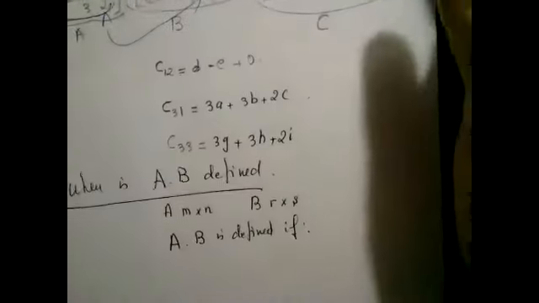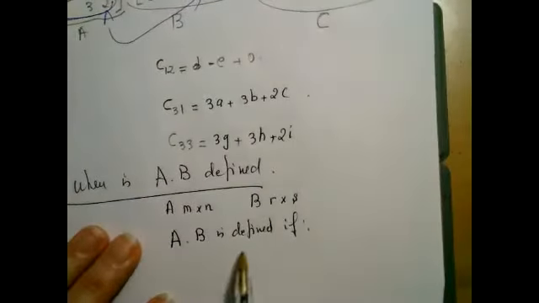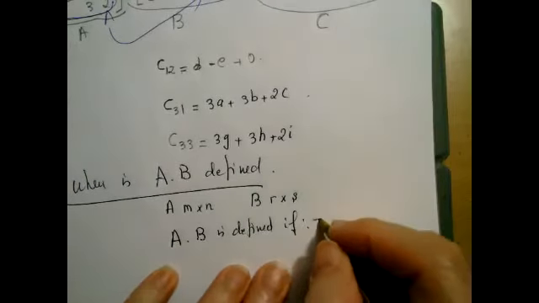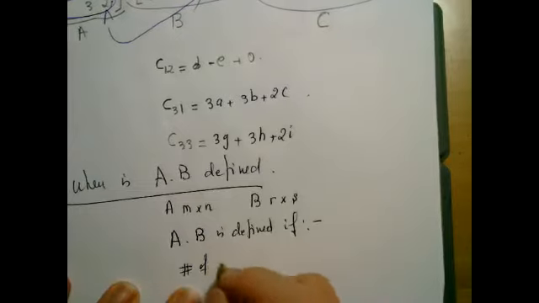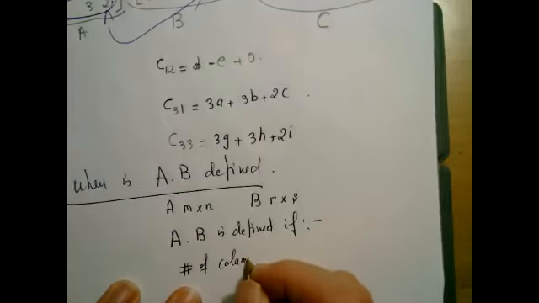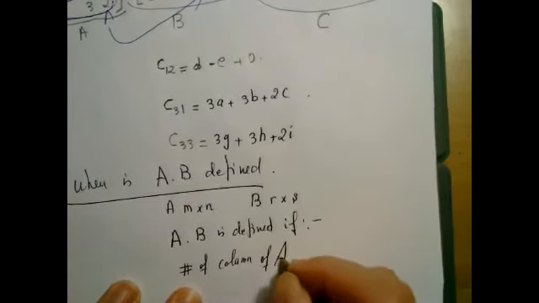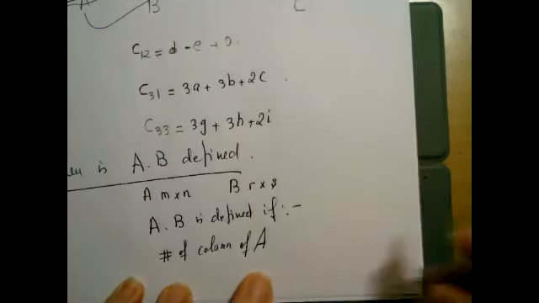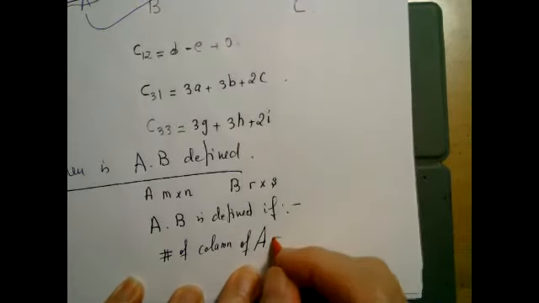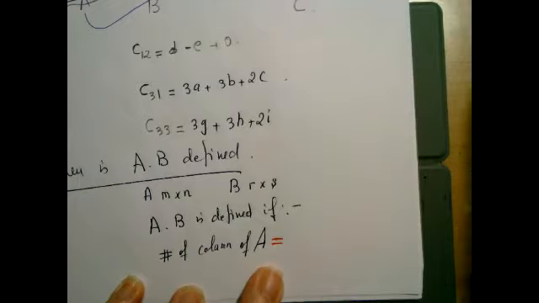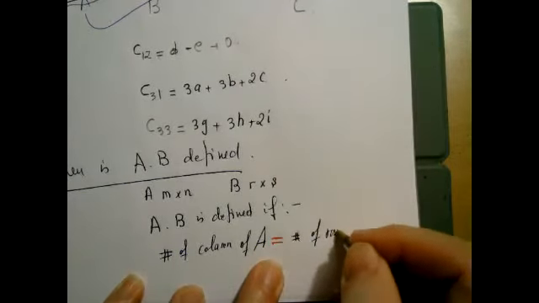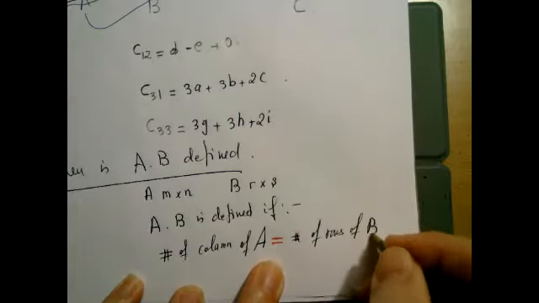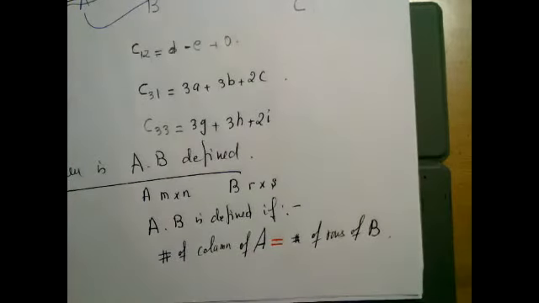So if I have matrices, A times B is defined if the number of columns of A equals the number of rows of B. So that's the condition for the product to be defined.